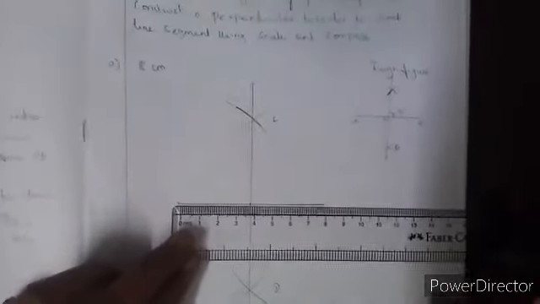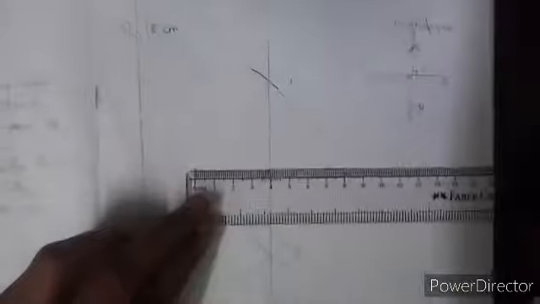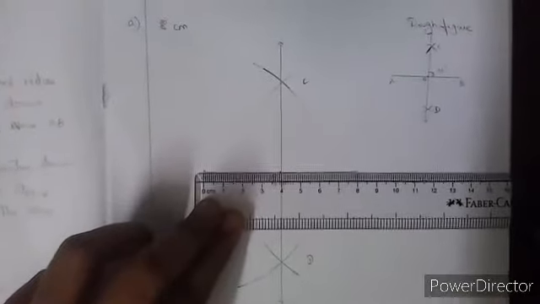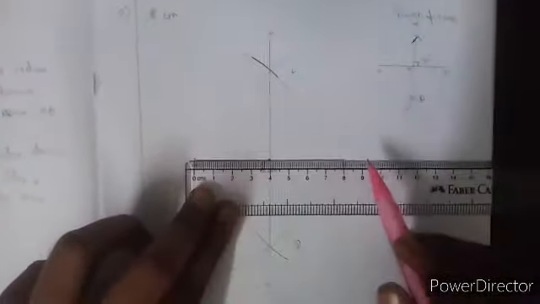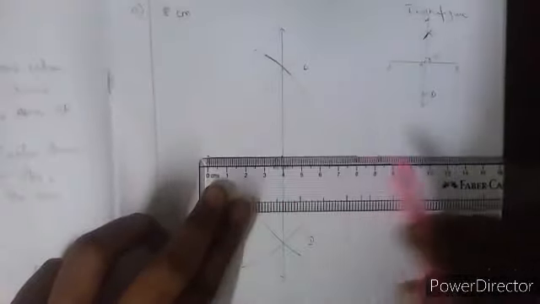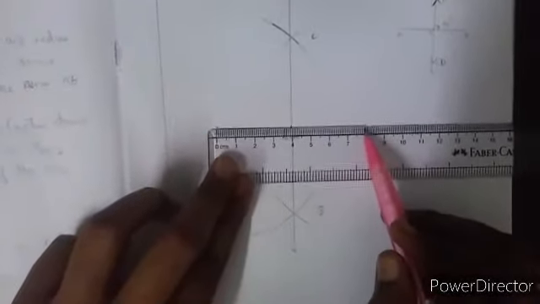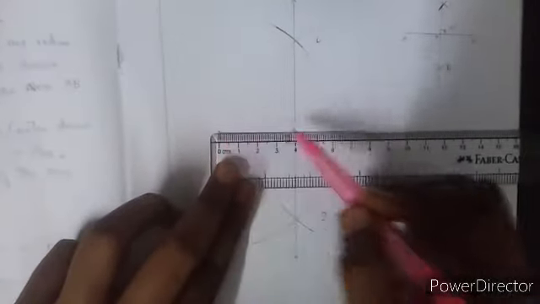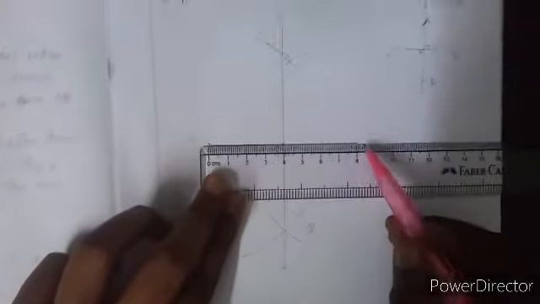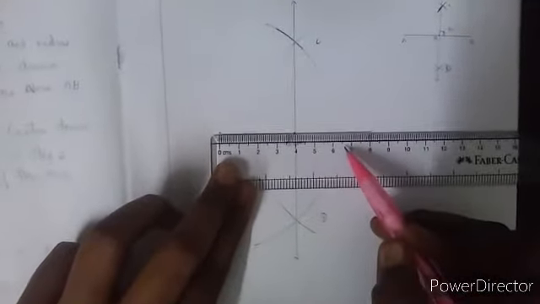Now you can check whether this perpendicular bisector is right or wrong. By using the scale, you measure the line segment. It should be equal on both sides. Totally the line segment is 8 cm and A to O is 4 cm and B to O is 4 cm.